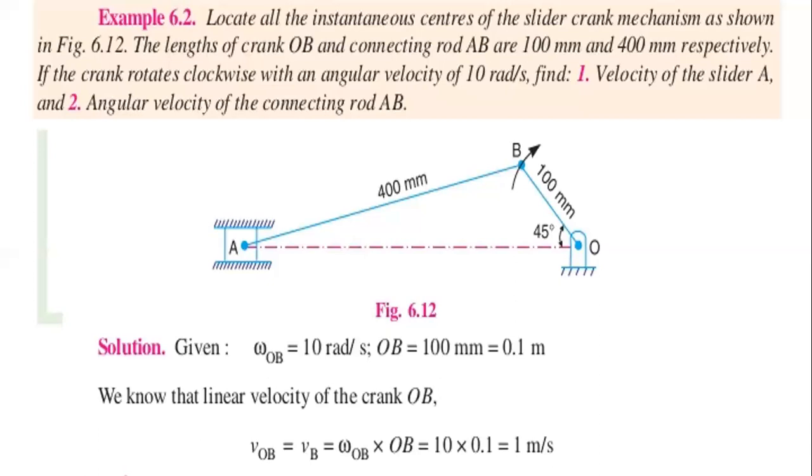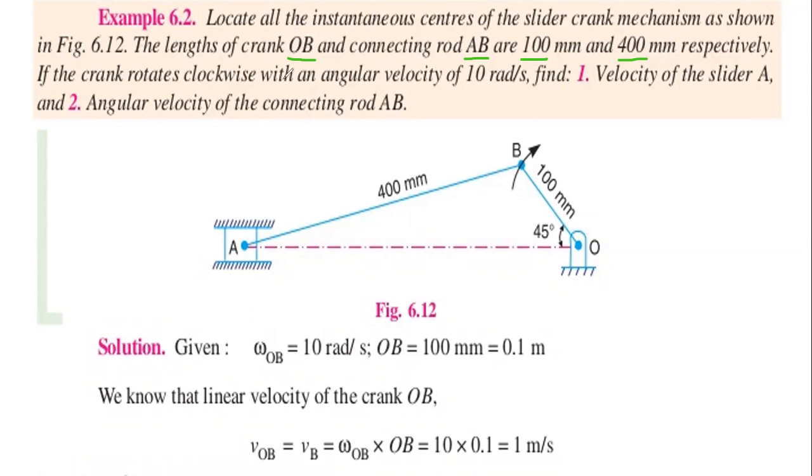We are going to define this problem with the lengths of the crank and the connecting rod. They have given the lengths of OB, the crank, and the connecting rod AB as 100 mm and 400 mm respectively. So by this we can draw a model figure.